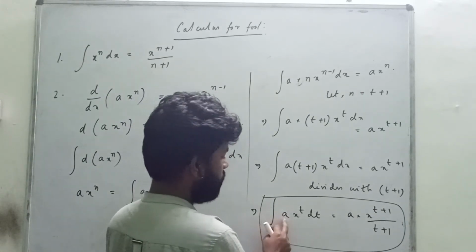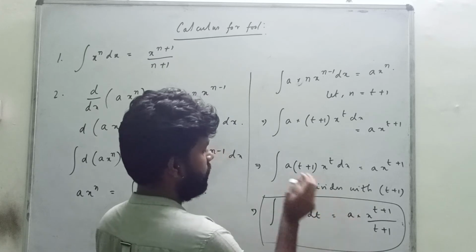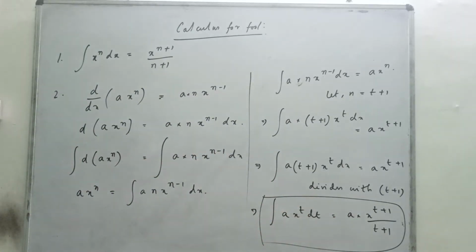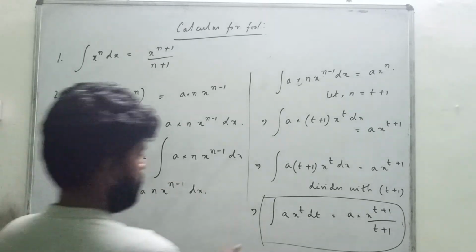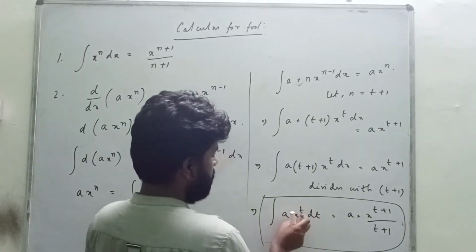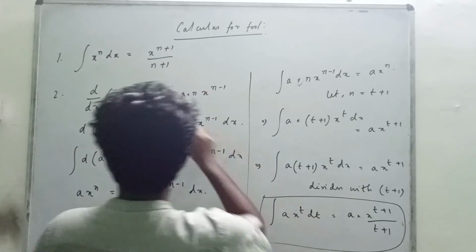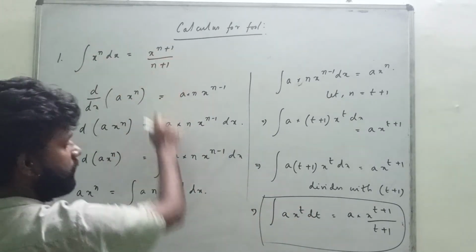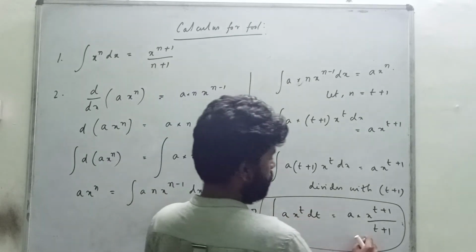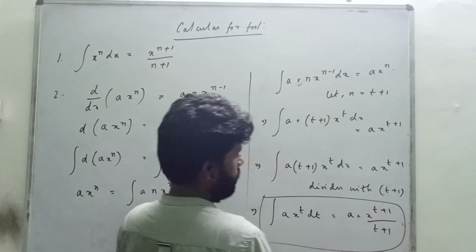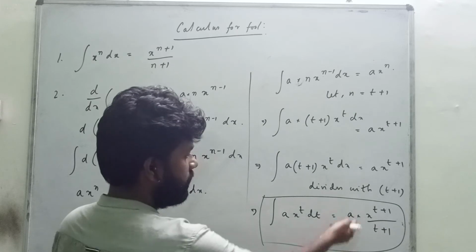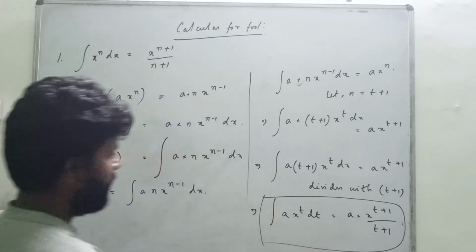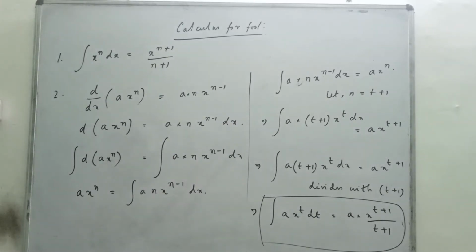The constant remains constant. The constant doesn't hamper your calculations. But instead of x power t, there is the formula integral of x power n equals x power n plus 1 by n plus 1, so x power t goes to x power t plus 1 by t plus 1. The constant doesn't hamper your calculations.